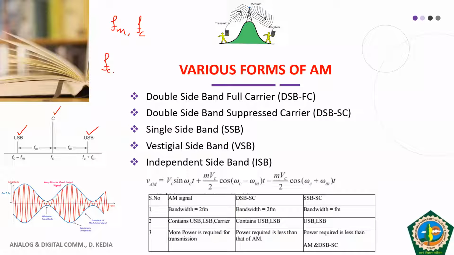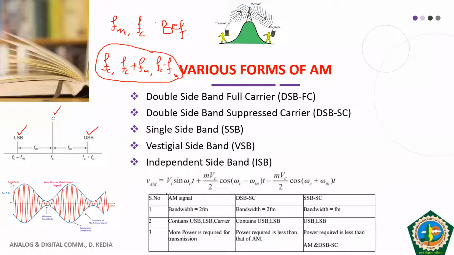FC, then FC plus FM. This concept is very important, please look at it very carefully. And the third frequency that we have obtained after modulation is FC minus FM. So these are the two frequencies before modulation, and these are the frequencies that we have obtained after modulation.